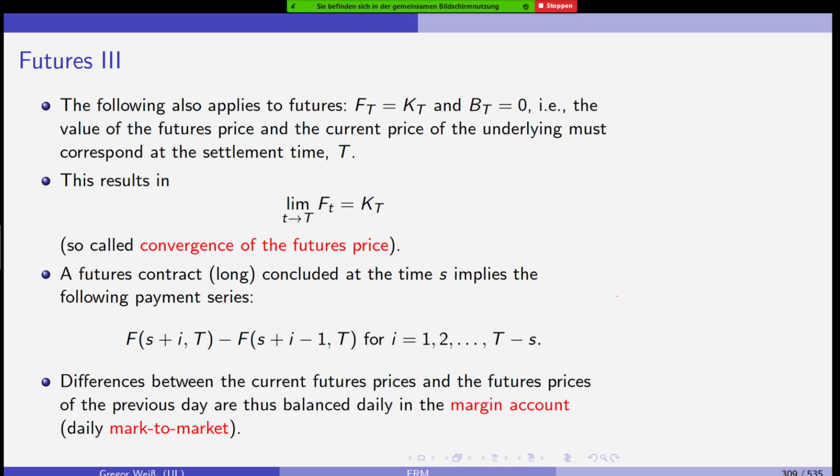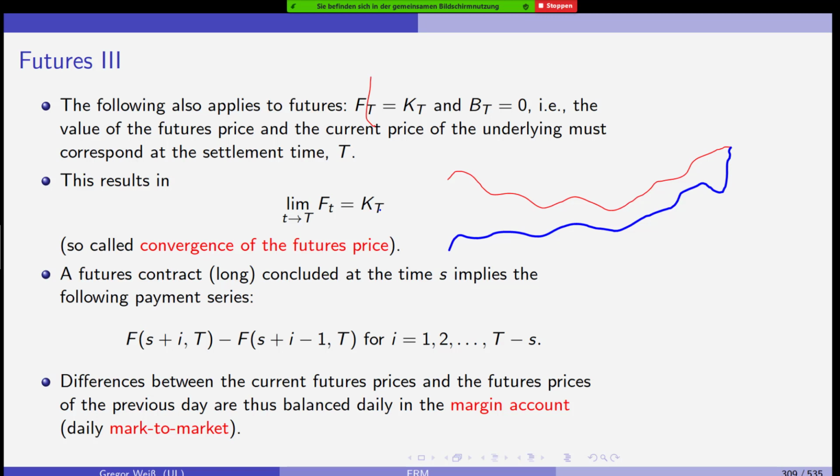If this is, for example, the futures price, and this is the spot price, it could look like this. At some point, it will converge to the spot price.